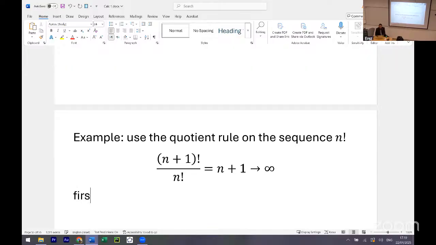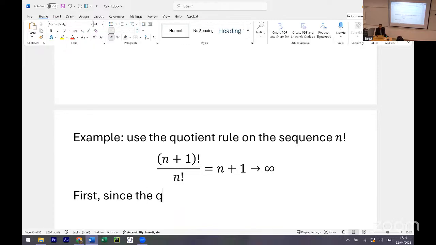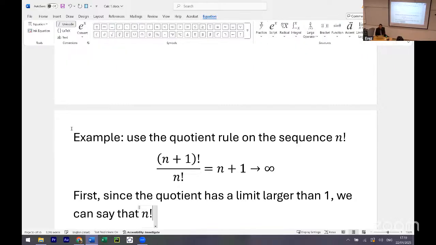First, since the quotient has a limit larger than 1, we can say that n factorial, sorry, tends to infinity.